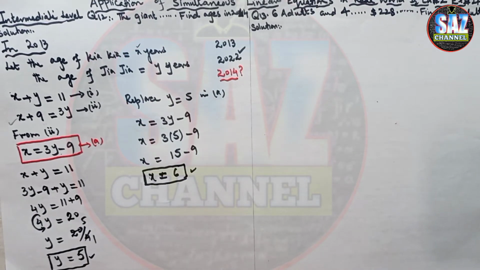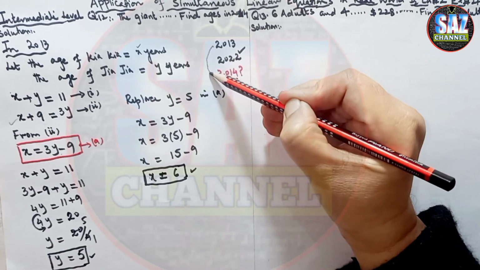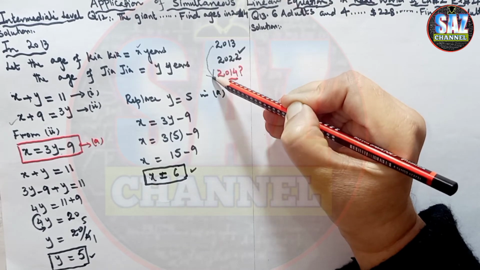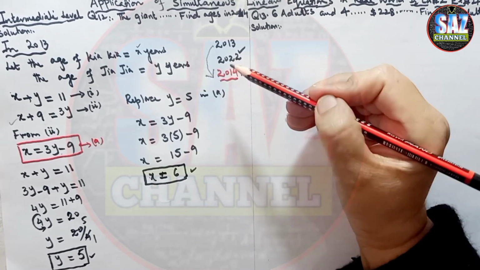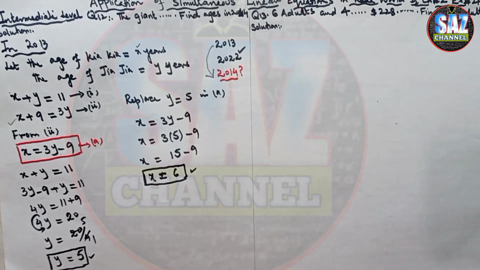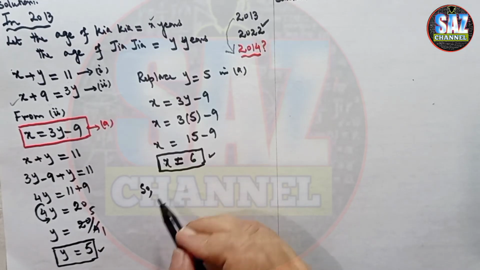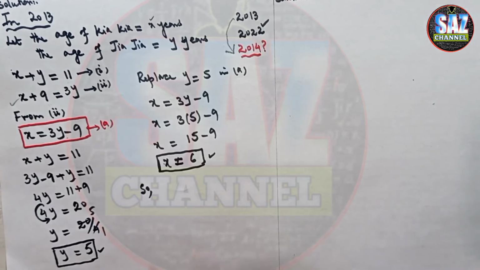Now the final requirement of the question is that we have to find their ages in 2014. From 2013 to 2014 there is a gap of 1 year. So we have to find how old they both will be after 1 year.